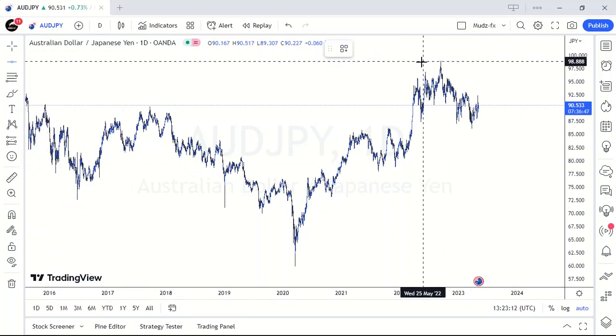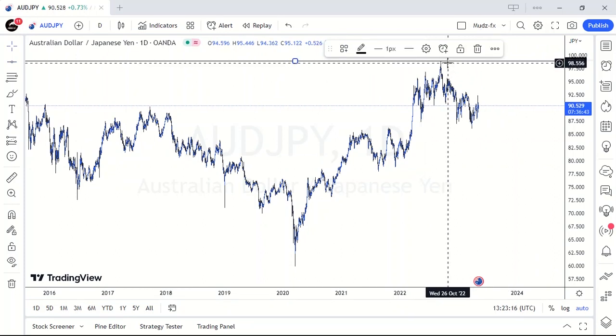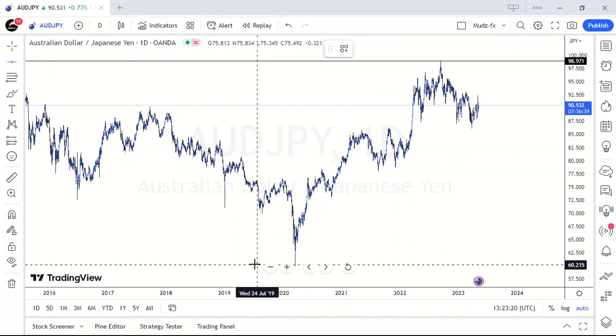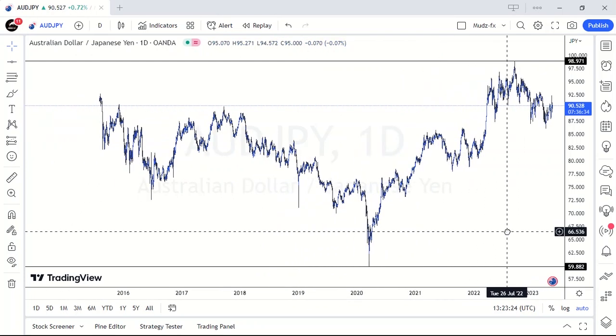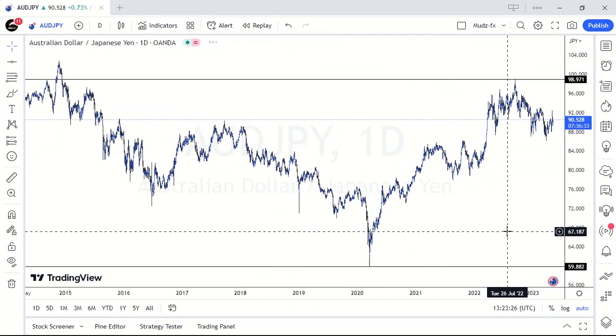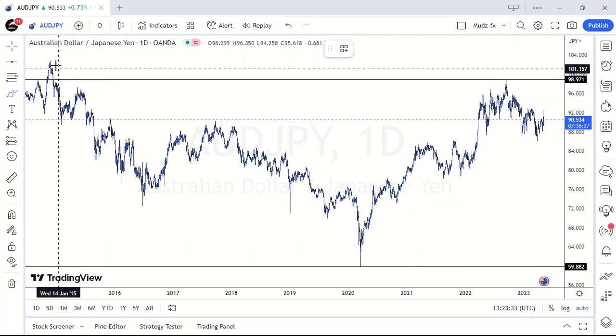Okay, so this is gonna be my first significant resistance and my significant support. Now I have a clear picture of where the market has been going all along. If we look at it, we have our first high there.